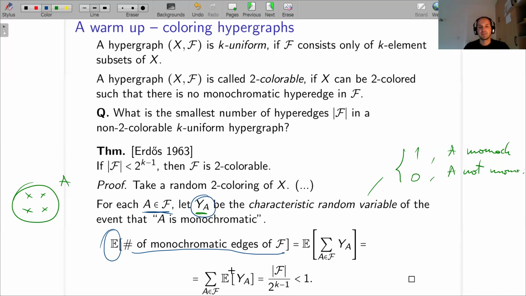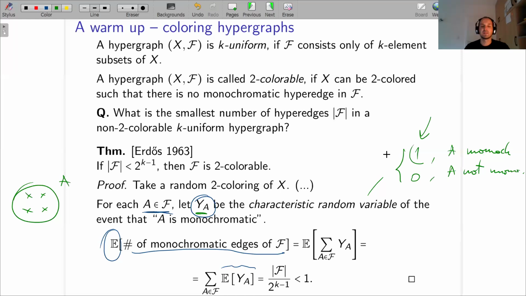But then, since the expectation is linear, we have this as a sum of the expectations of each of those, and it is a well-known, easy to derive fact that the expectation of a characteristic random variable is just the probability for that variable to be 1.